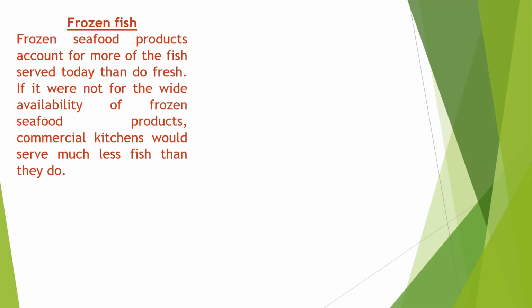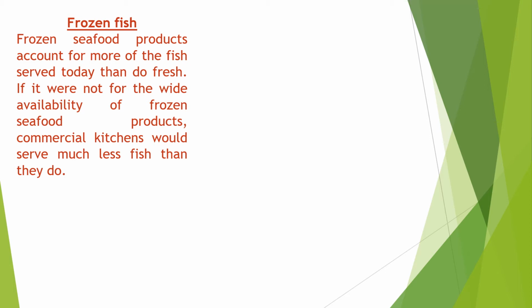So, for example, let's say you go to a restaurant in the United States and they want salmon. Oh, but they don't have salmon over there, so they bring the salmon from Alaska. Because of the frozen techniques they have nowadays, that is why some kitchens are able to serve fish.